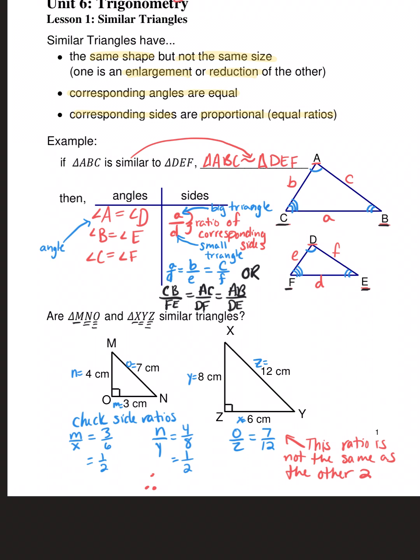Therefore, triangle MNO is not similar to triangle XYZ. Right? All three of those ratios need to equal the same fraction or decimal when you simplify them in order for those two triangles to be similar to each other.